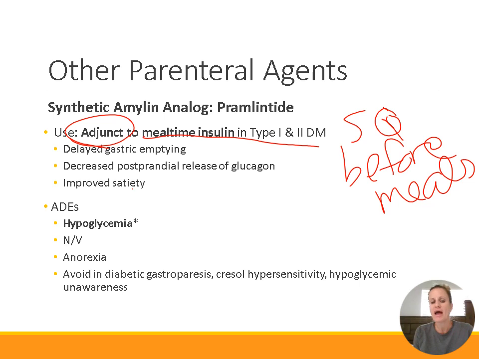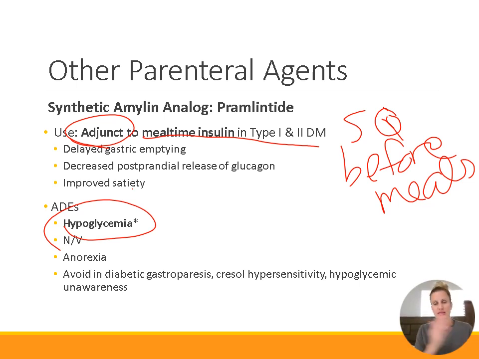The major adverse drug effect of pramlintide is hypoglycemia. It's given with insulin, and insulin can already cause hypoglycemia. This increases the risk of hypoglycemia considerably.